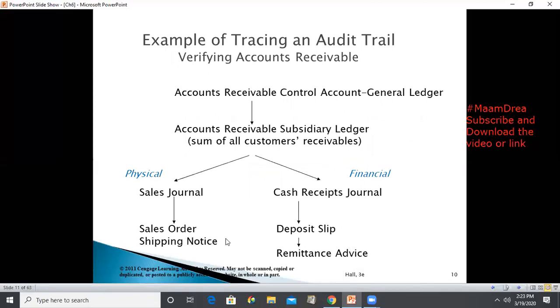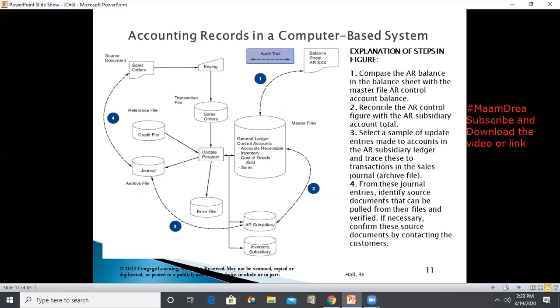For here we have the shipping notice, sales order, and then we compare it now to the computer-based accounting records.